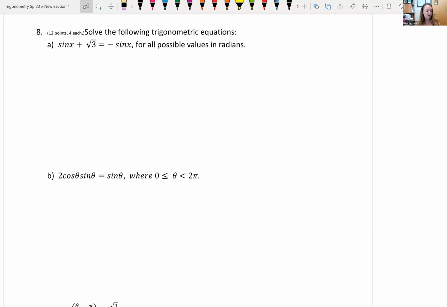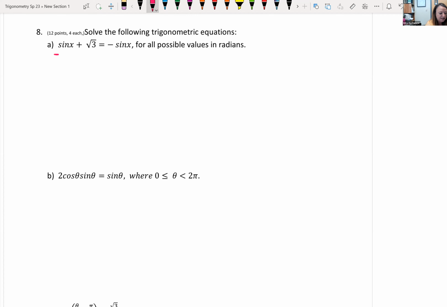Okay, so now we're looking at solving trigonometric equations. We're looking at solving sine x plus root 3 equals negative sine x, and we're looking at all possible values in radians. And so if you have a trigonometric equation, and I notice that this is linear, we want to isolate our trigonometric function on one side of the equation, get everything else on the other side.